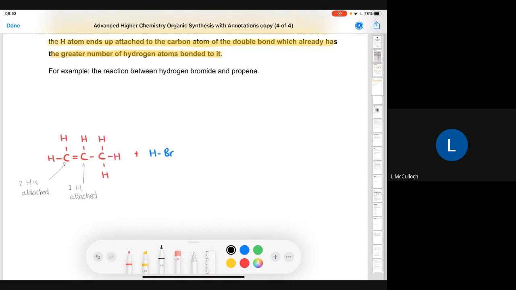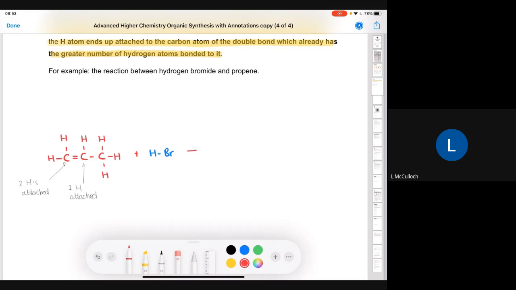So what that will mean is that the hydrogen will more likely bond to the carbon on the left because it already has two hydrogens attached. Now remember, this isn't a 100% thing. This is just something that it favours, and that's why we get a major and a minor product. We don't get 100% of one of the products.